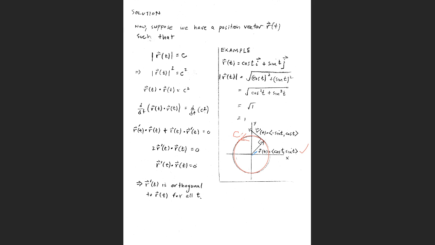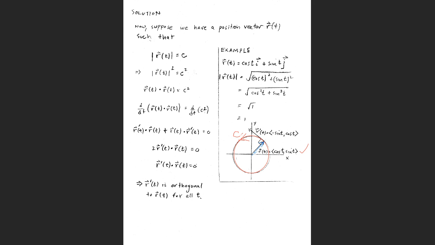Here's the position vector for the space curve, right? It's a little tricky.